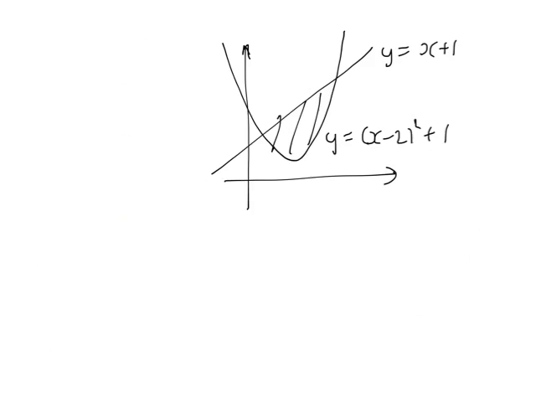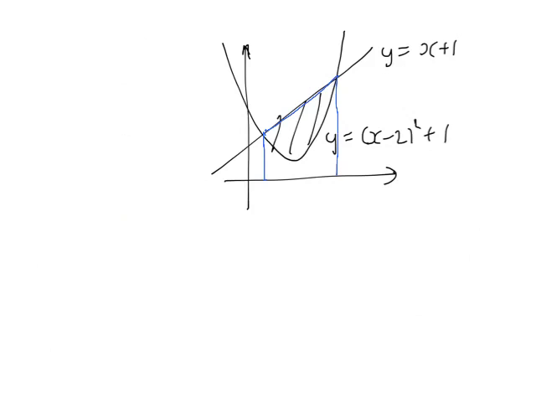A final example is where we've got an area that is bounded by a line and a curve. So we're not just finding the area under the curve here. Now what we can do is split this up into areas that we can find. This blue area here is the area under the line y equals x plus 1.